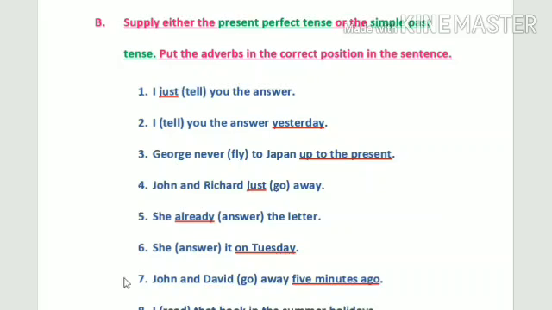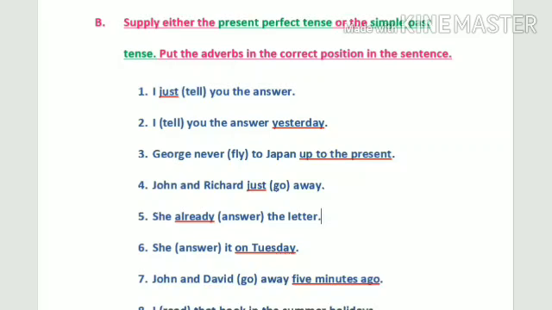Now how will you know whether to write in present perfect tense or simple past tense? So for that you have to read the sentence and find out the time marker, the adverbs used in these sentences. The words that you see in brackets are verbs. You have to change the verbs in past or past participle form depending on the tense in which you are writing the sentence.